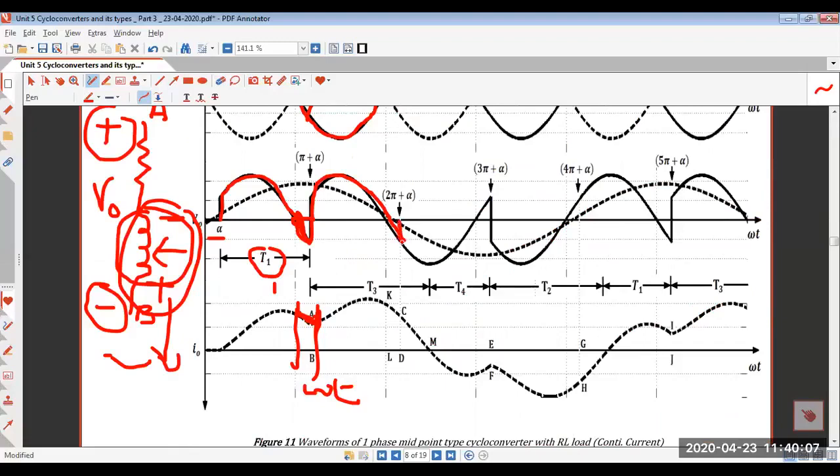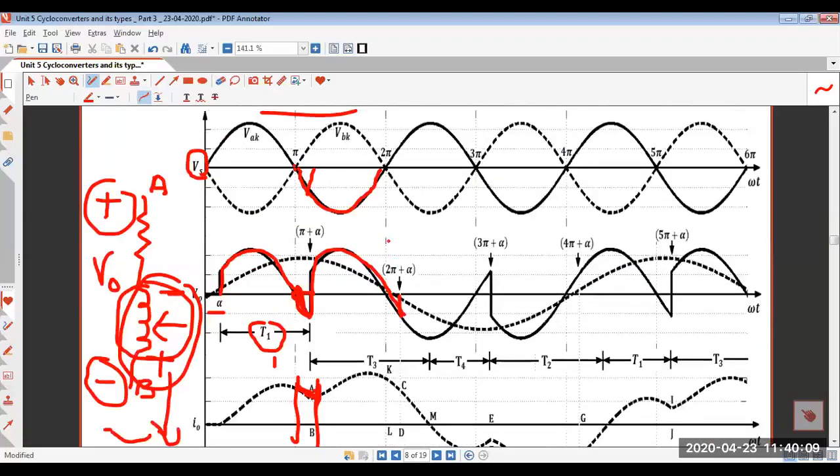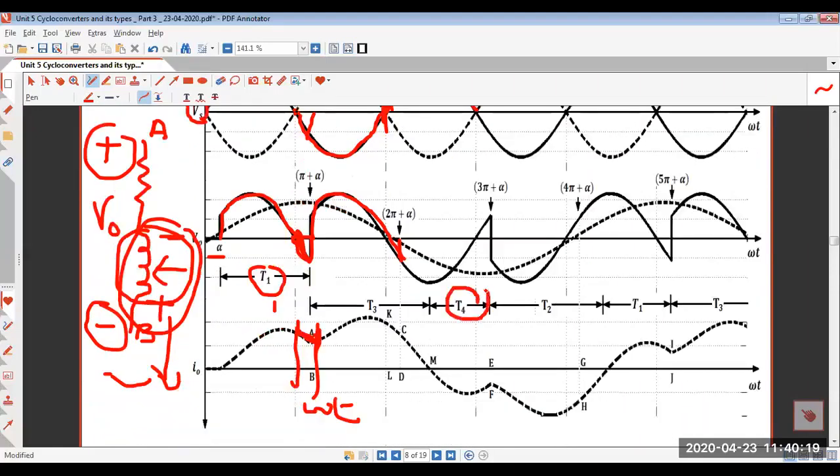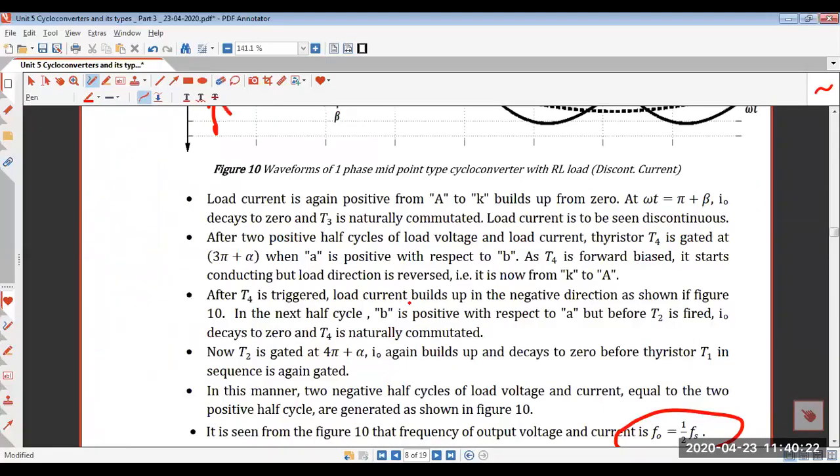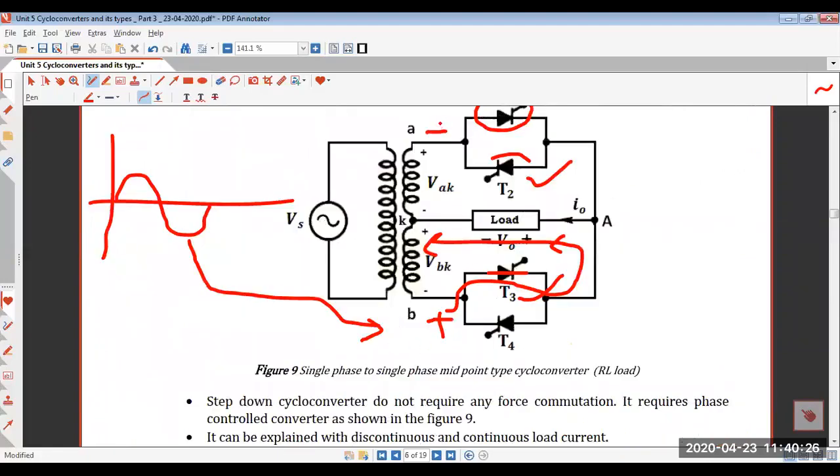Now, as soon as one complete cycle is over, for the next positive half cycle, you will make T4 conduct. Now let us come to the circuit diagram. You can see for the next positive half cycle, the upper end will be positive, the lower end will be negative. So this SCR is forward biased.